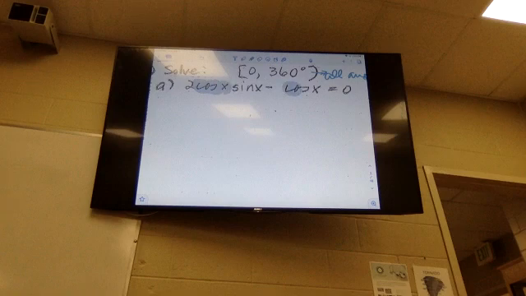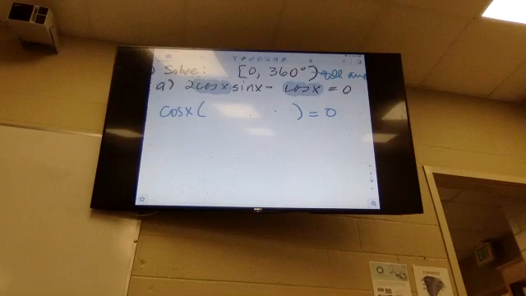I've got cosine here. You can take cosine x out of everything. When we divide by cosine x from the first one, I'm left with just 2 sine x. If I divide cosine by cosine, I'm left with just 1.